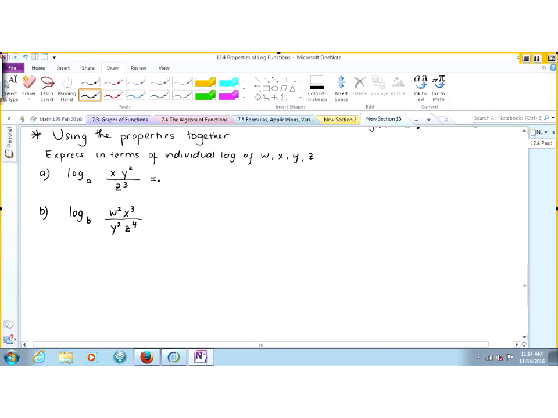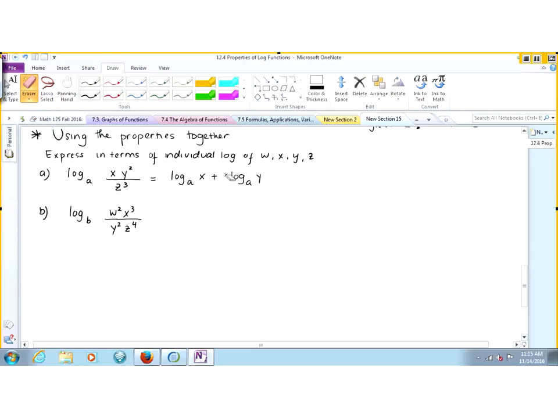Okay, so how do we write this? Log base A of X. And then this is a product, so it is plus log base A of Y squared, but do I put the square here? No, I'm going to bring it down.